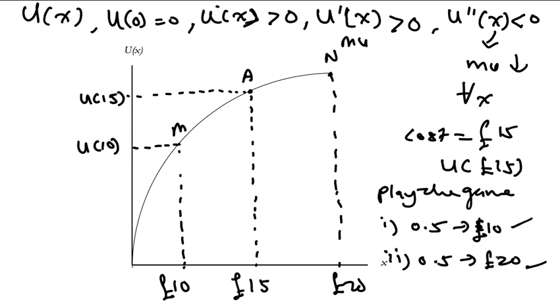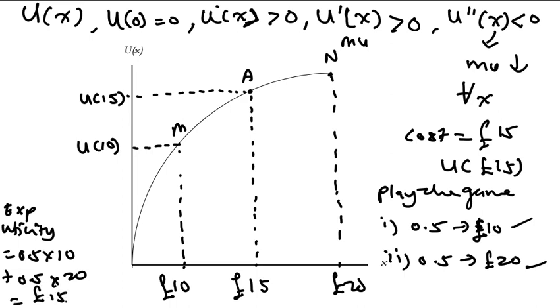So the expected payoff here is 0.5 times 10 plus 0.5 times 20, and this gives us 15 quid.